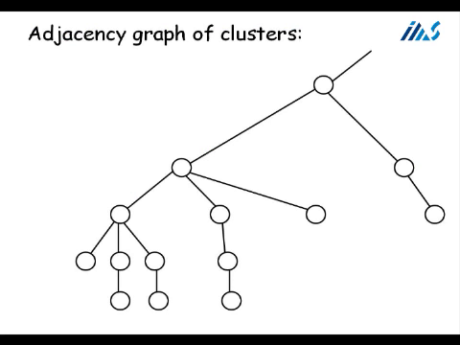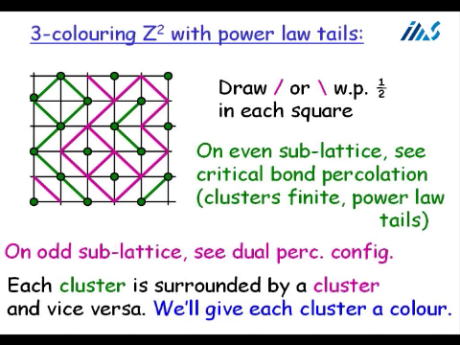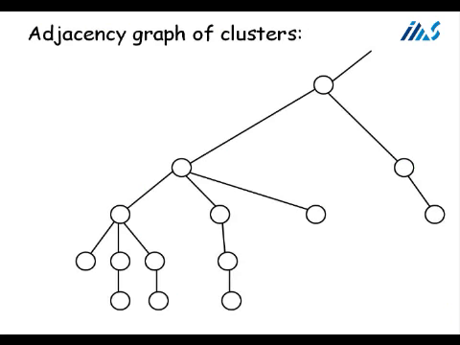Okay, so we're going to color the clusters as follows. Think of this as the tree of clusters. So each cluster is surrounded by some other cluster, and so that cluster is above it in the tree. There's a unique cluster, which is the innermost cluster surrounding it. That's the parent. And this is the tree of all the clusters. And if each cluster flips a coin with probability half, it comes out red.